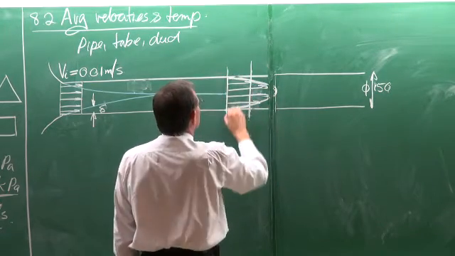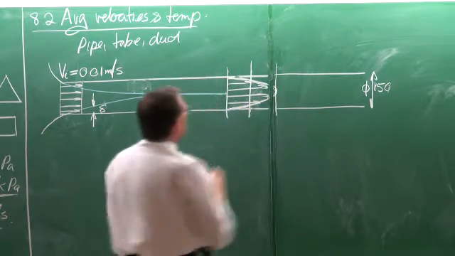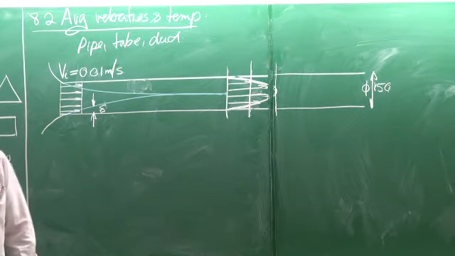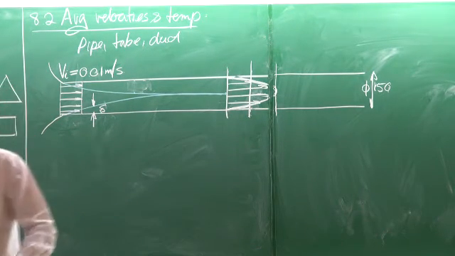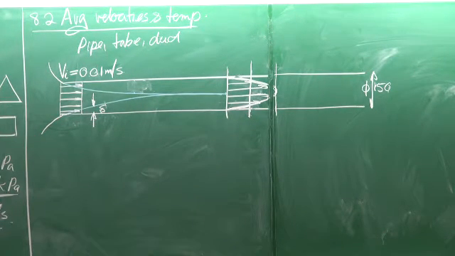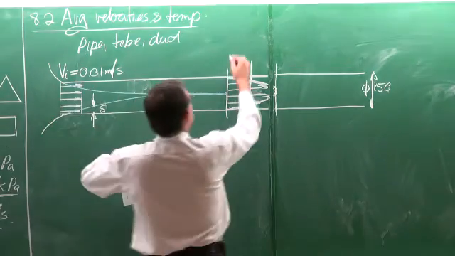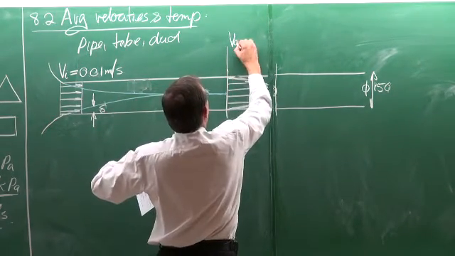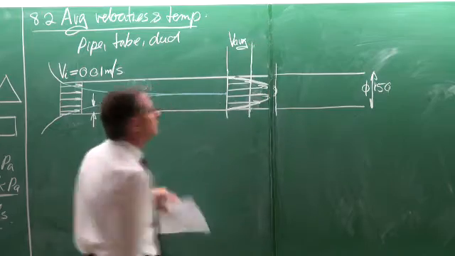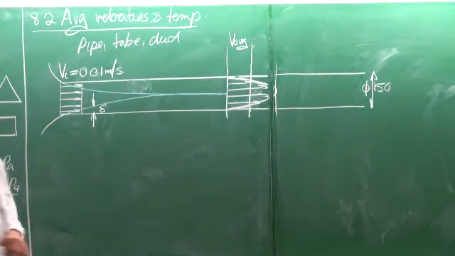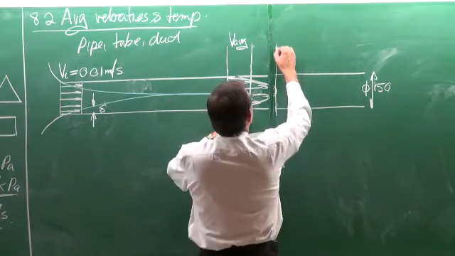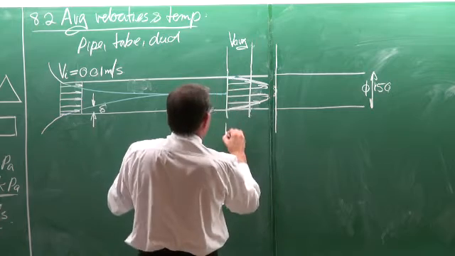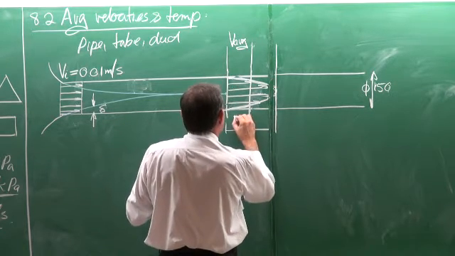And what's very important are 2 things of that velocity boundary layer that developed. And you've done that in fluid mechanics. Okay. This distance is the average velocity. Okay. That is the average. And this distance is V max.